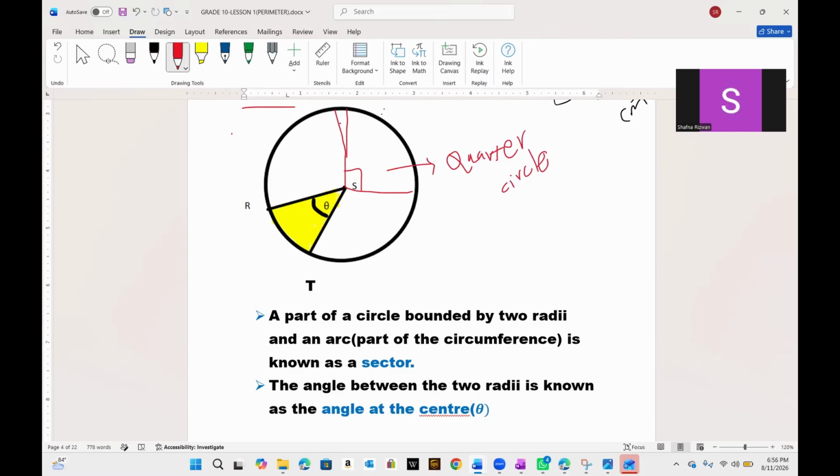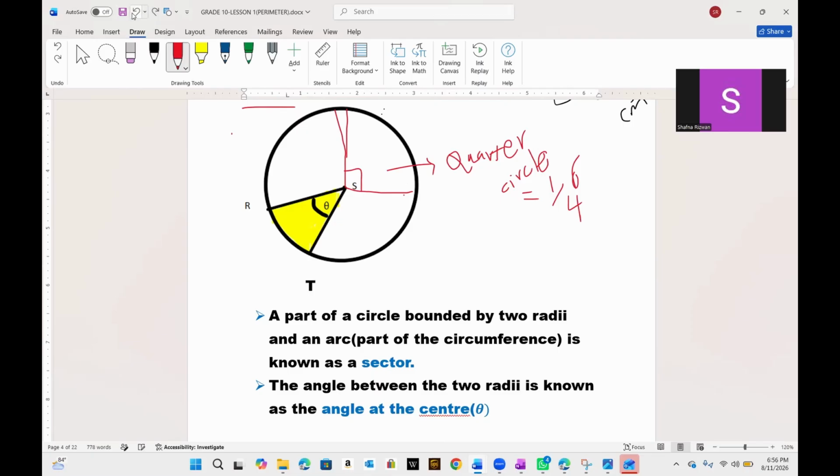Why? Because from here to here is a right angle of 90 degrees. Quarter circle is another type of special sector. You can say it's a quarter of the circle.